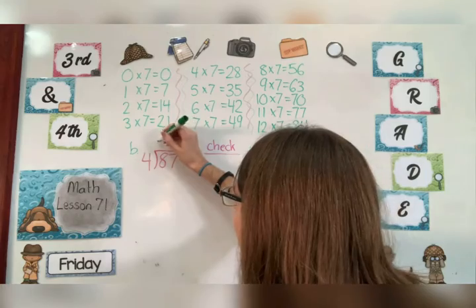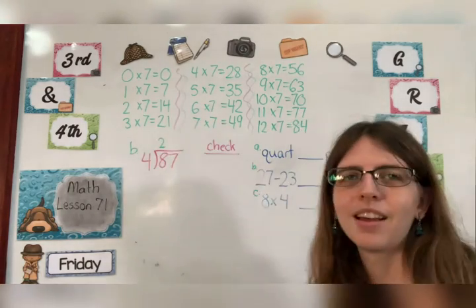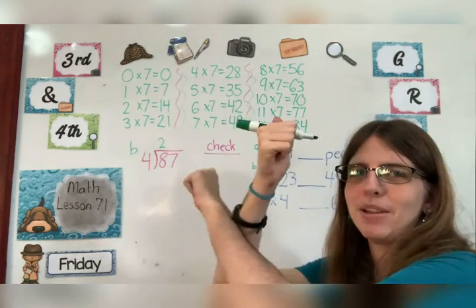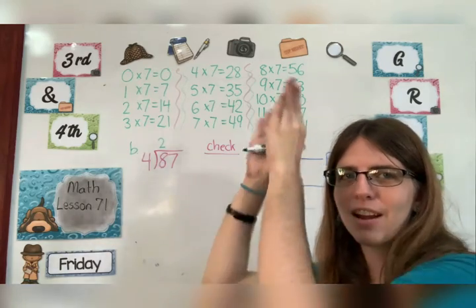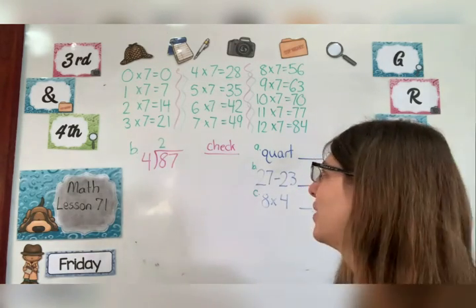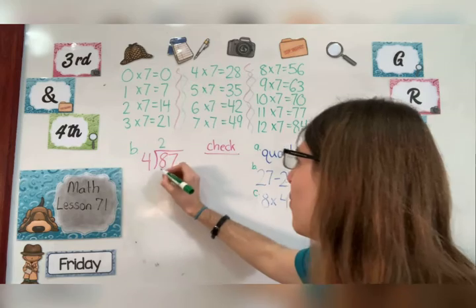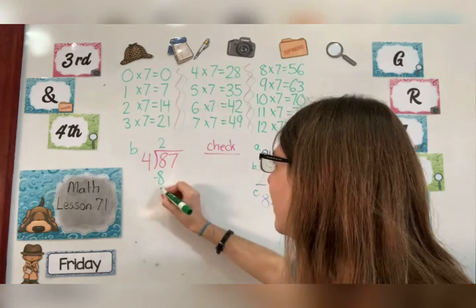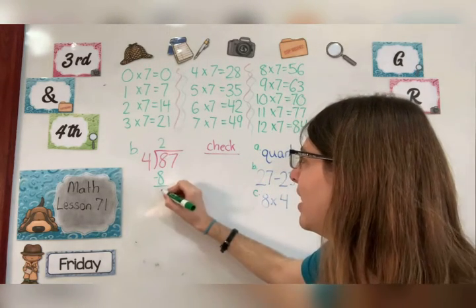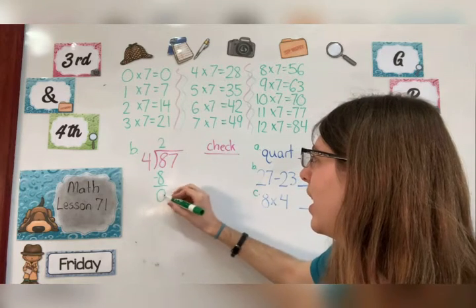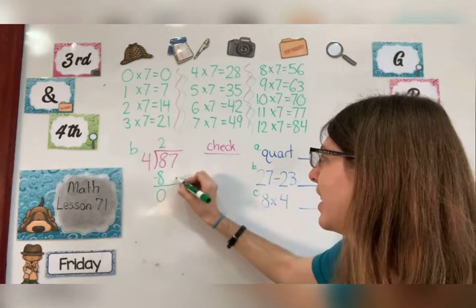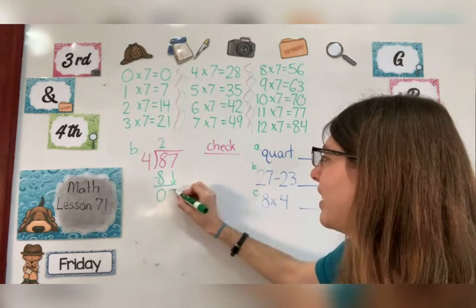Very good. Remember our steps for division? Divide, multiply, subtract, compare, bring down. So now I multiply. 2 times 4 is 8. 8 minus 8 is 0. Is 0 less than 4? Yes, it is. So I can bring down my 7.